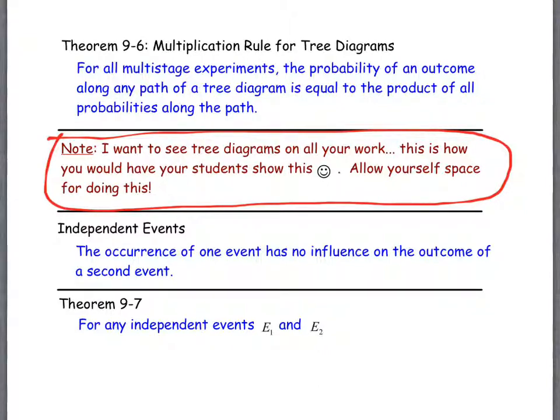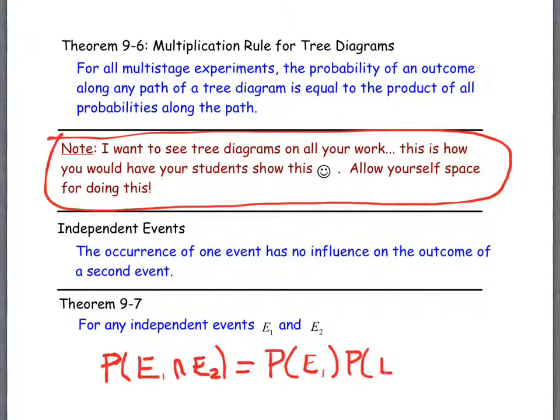When we're talking about independent events, it is actually true that the probability of having event 1 and event 2 occur is the probability of event 1 times the probability of event 2.